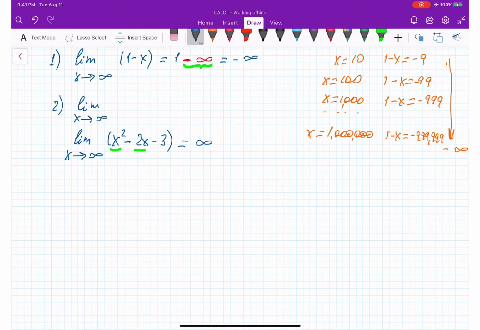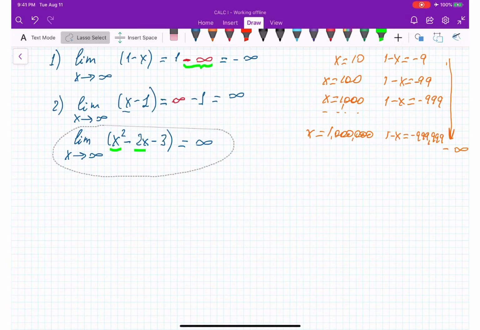Instead of 1 minus x, I'm going to put x minus 1. So my x is infinity, and then minus 1 doesn't mean anything compared to infinity, right? I'm going to get infinity minus 1. So the answer is going to be infinity, not negative 1, right?